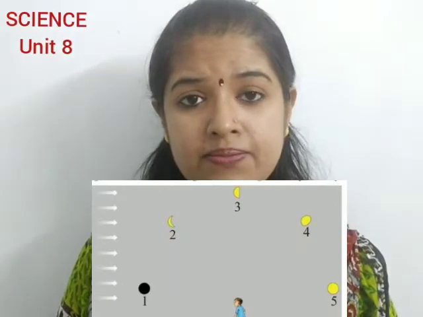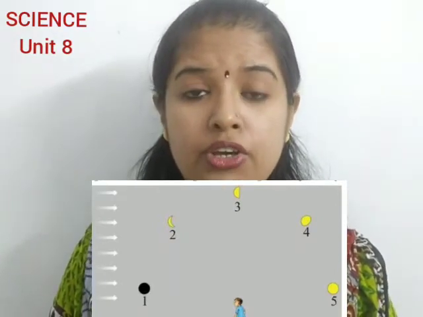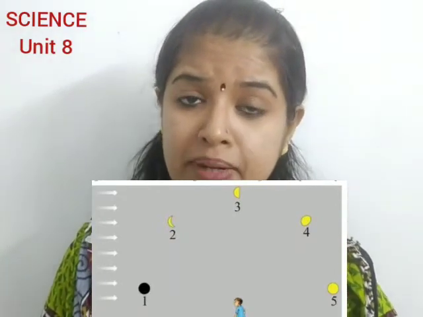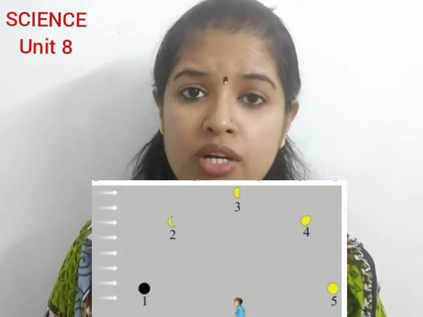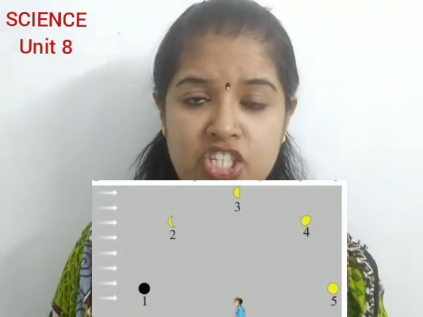So this is what you can understand from this activity. Now, instead of drawing a semicircle, you can draw a complete circle and arrange the balls in the centers of each.